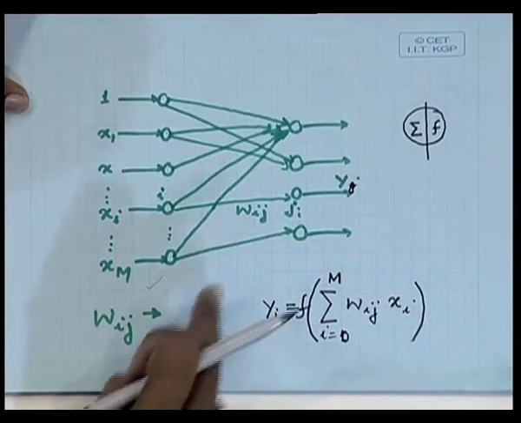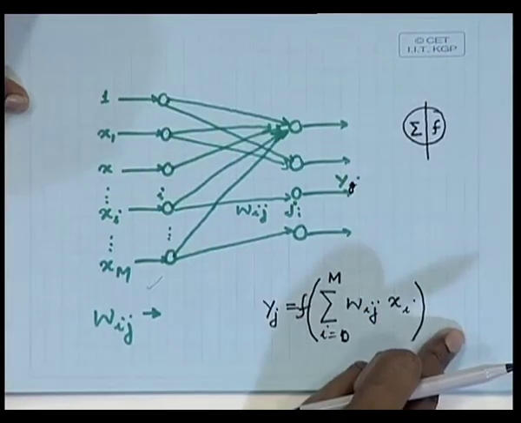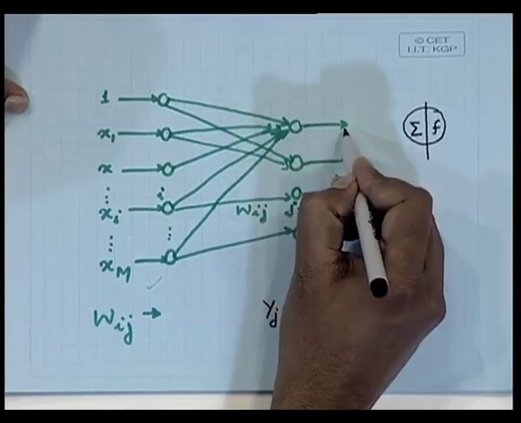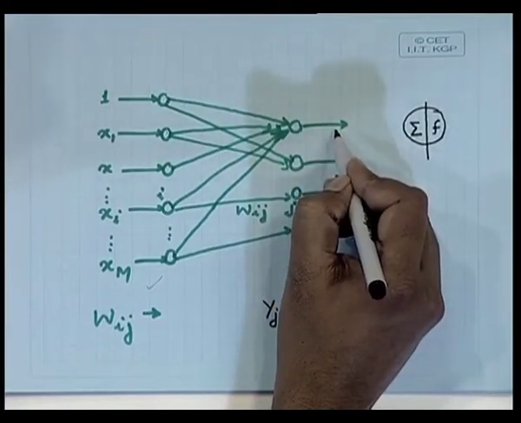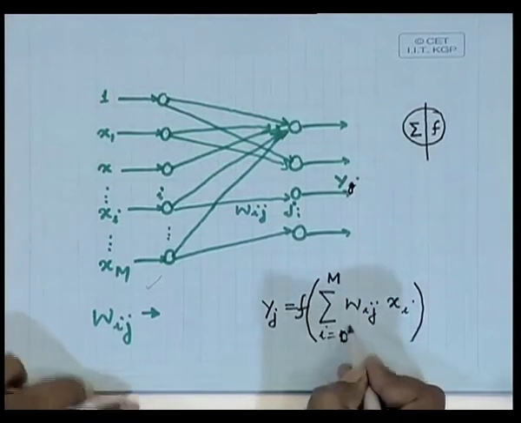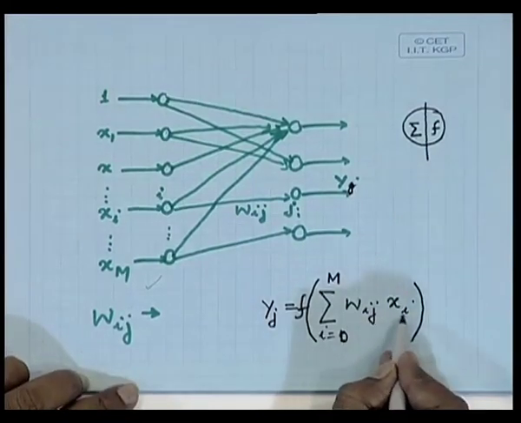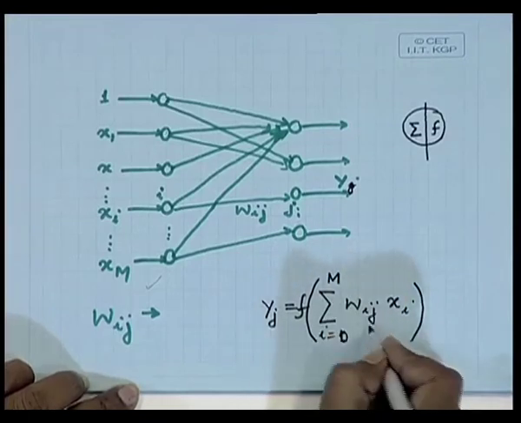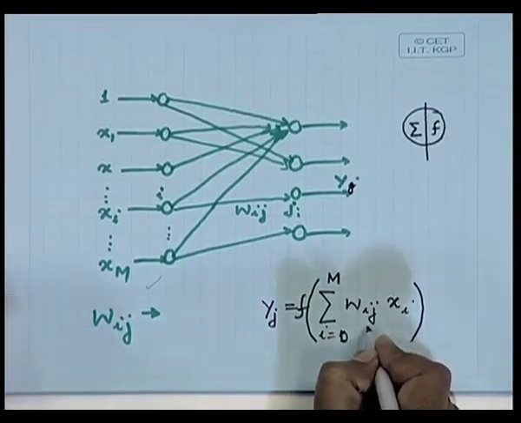Extending that to this single layer multiple output neural network, you find that each of these output neurons defines the equation of a straight line, is it not? Because this sum of w_ij x_i, with i varying from 0 to m, for a particular value of j gives me the equation of one straight line.